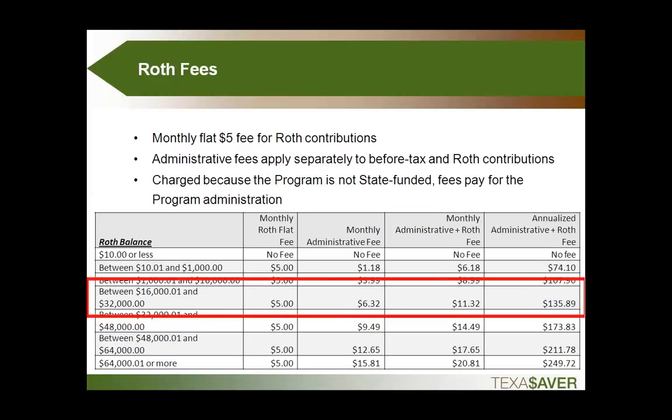She would pay the $5 flat fee for participation under the Roth and a $6.32 monthly administrative fee according to her account balance. Combined, that would be $11.32, but her total would include the fee she pays for the pre-tax contribution of $3.99, altogether $15.31. These fees are applied on separate days of the month and are displayed on your statements and on our website, so you could see them.